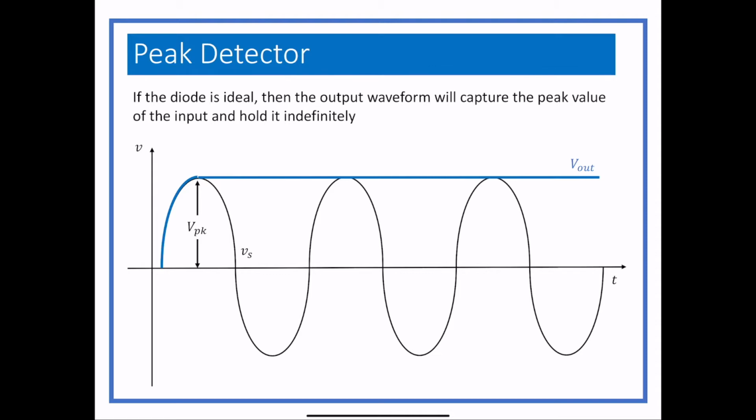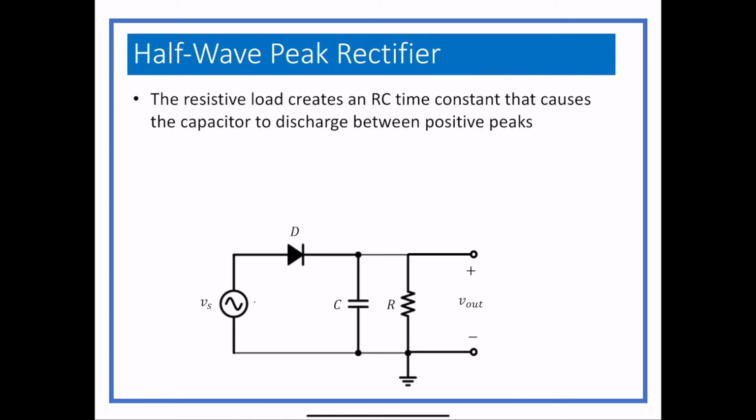However, you generally don't use a peak detector by itself with no resistance. So we're going to look at what a half-wave peak rectifier would look like. In order to do that, we have to add a resistor to the circuit.